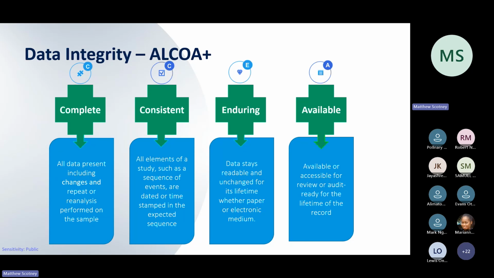The changes over the last 25 years have been absolutely staggering. And what it means is data that we generated 25 years ago is now in a format that is not possible to read. We don't have the technology currently available to read some of the original disks where data was saved. And from a pharmaceutical point of view, we need to have that data, and it needs to be both enduring and available.